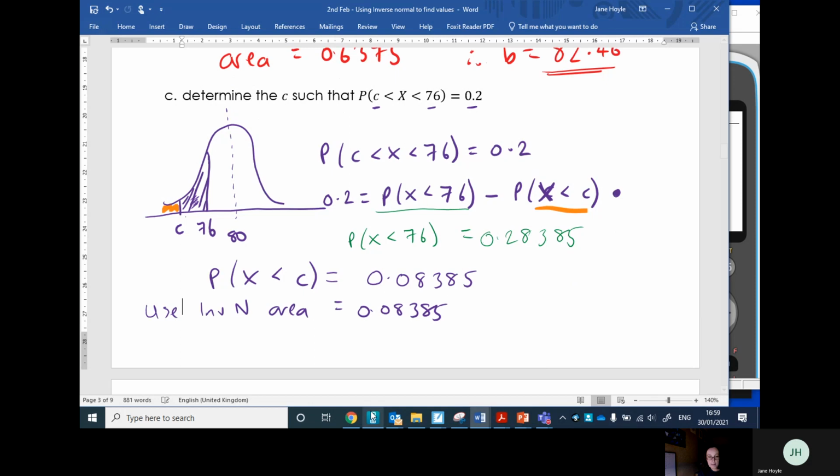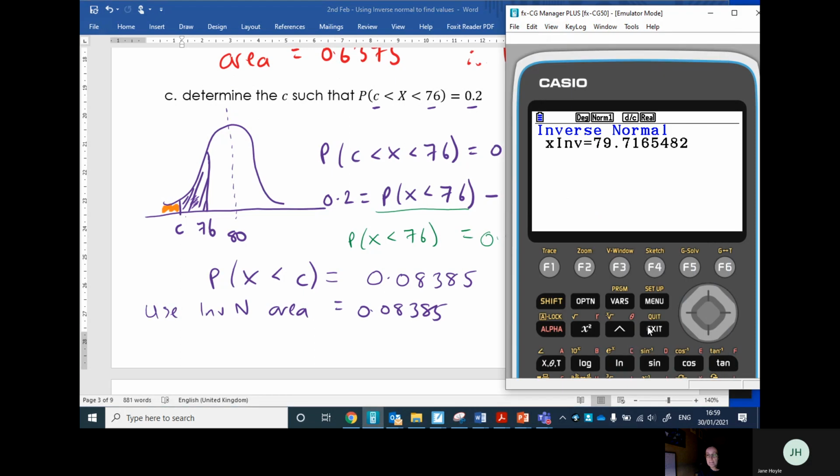Go to my calculator. So I just need to change that to 0.08385. We get an answer of 70.34. This is C, 70.34.